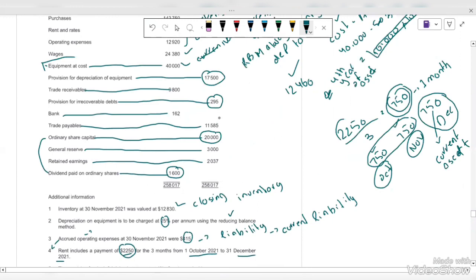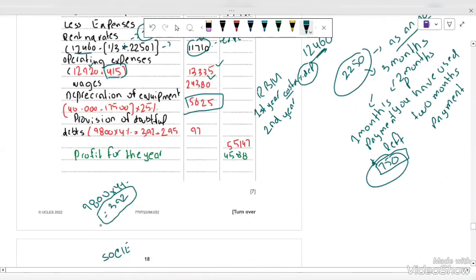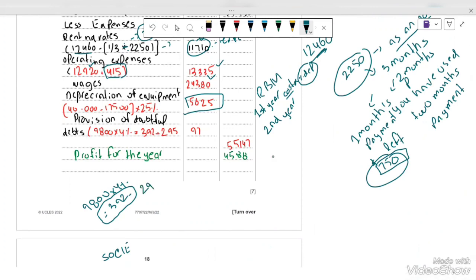Your provision was 295. So it means that the provision for doubtful debts has increased this year. Previous year it was 295, and this year it is 392. So it has increased by $97. If it is increased, you will have to put this amount in the expenses section.